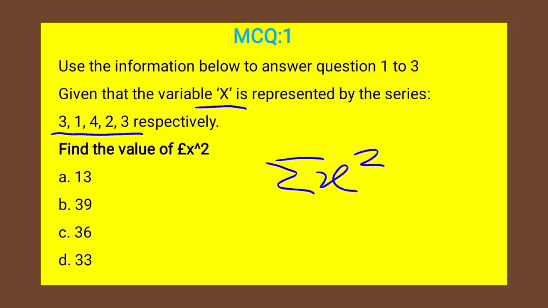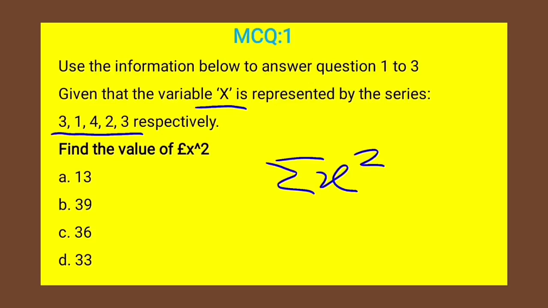So how do you go about finding summation x squared? It's very simple. All you need to do here is to square the various elements that we have, which is 3, 1, 4, 2, and 3. You square each value, and then you sum them.